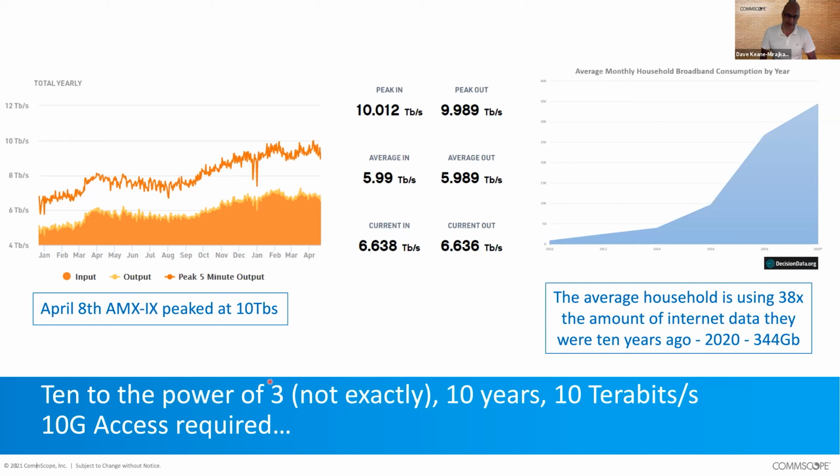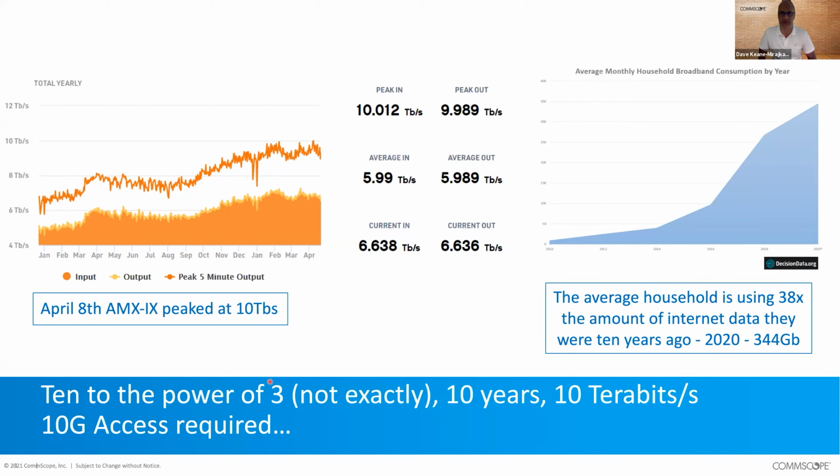And 10 years, in the environment that we work in, an internet year is a dog year, right? It's worth 7 years in terms of how things are progressing, either consumption models, apps driving it, architectures, etc. So, average 344 gig per household.